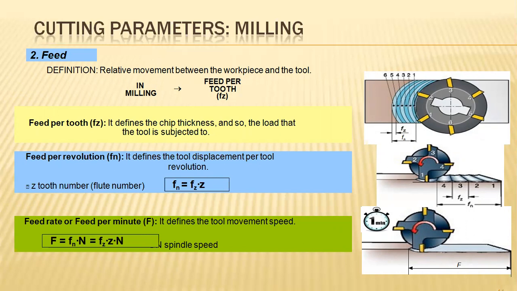Here Z is the tooth number, the flute number, the n number of teeth on the cylindrical tool. So in order to find the feed per revolution, Fn is equal to Fz into the number of flutes, Z.